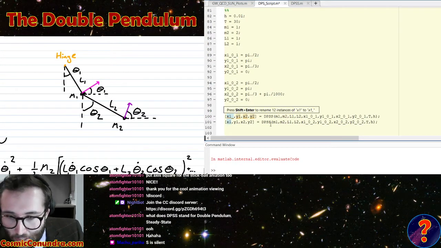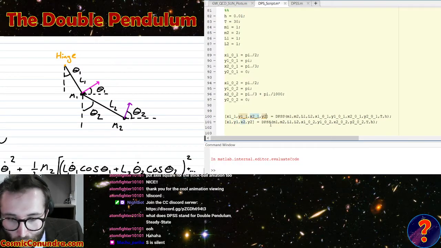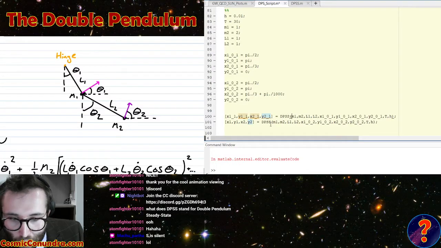Well, first I need to write the solver down properly. The S is silent, exactly. So this first line here is solving for the first set of initial conditions.